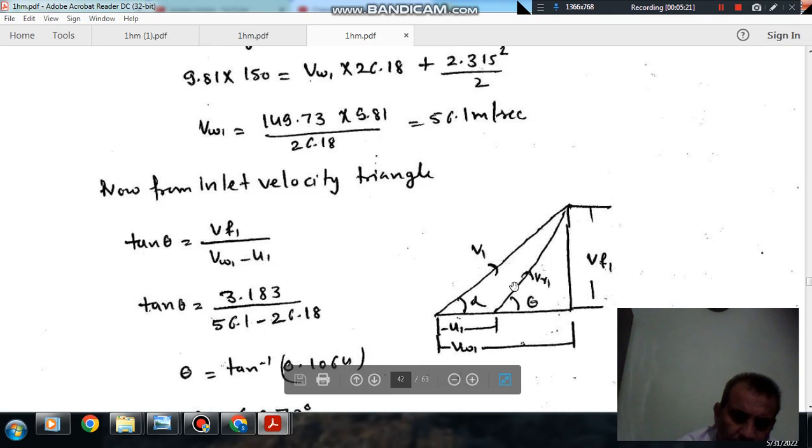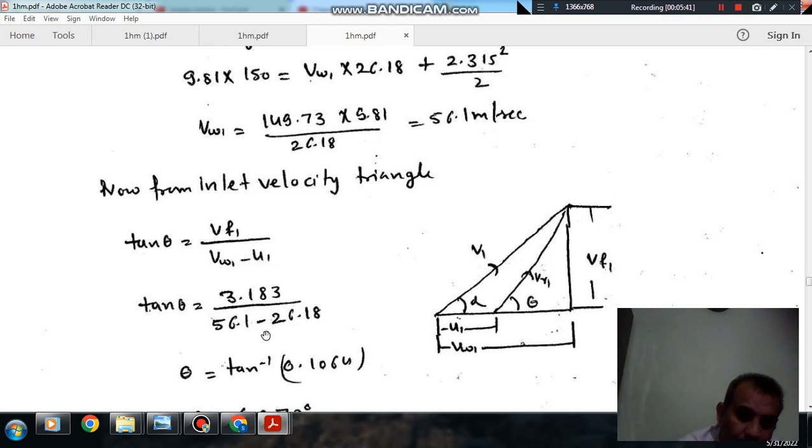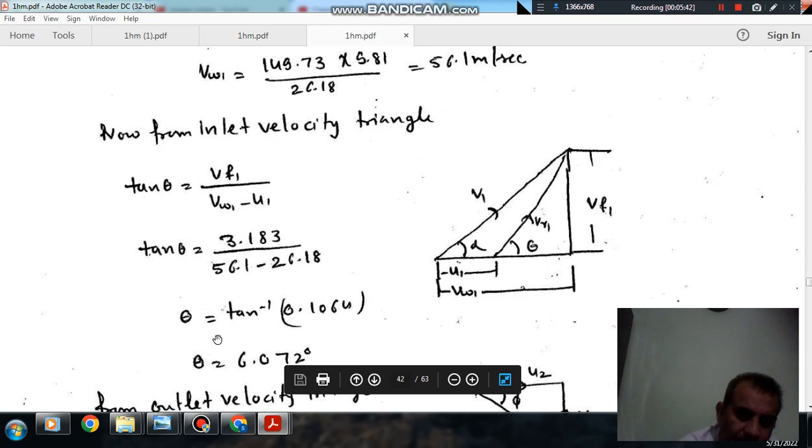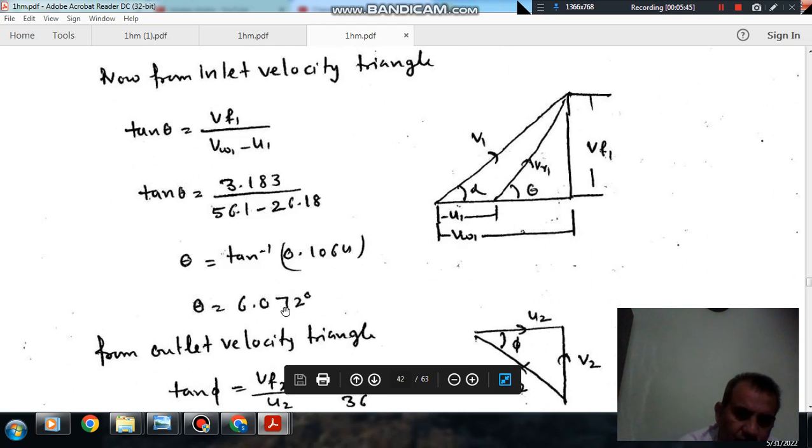From this diagram, tangent theta, the blade angle at inlet, is Vf1 by (Vw1 minus U1). Now we have Vf1, Vw1, and U1, so theta is 6.072 degree. So this is the inlet blade angle.